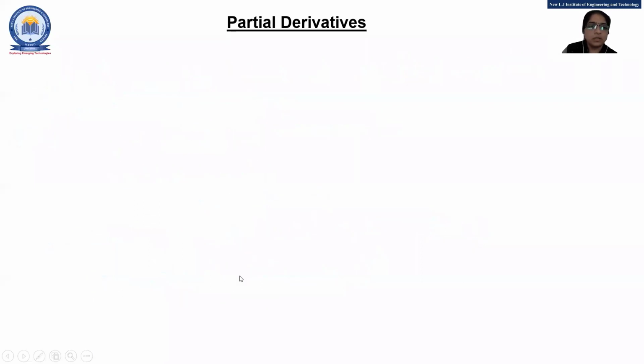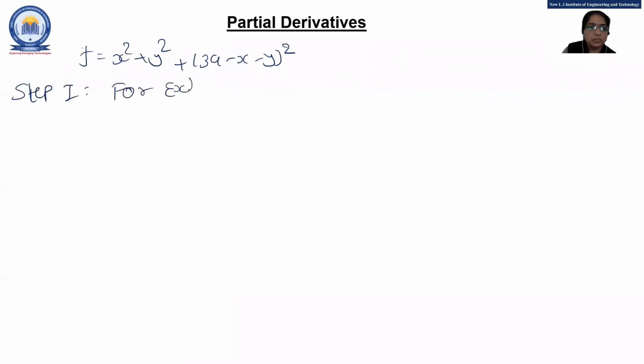That is step 1. As here our f is x square plus y square plus (3a minus x minus y) whole square, and step 1 for extreme values, that is del f by del x is equal to 0.